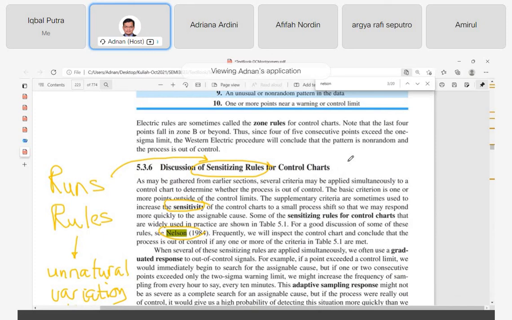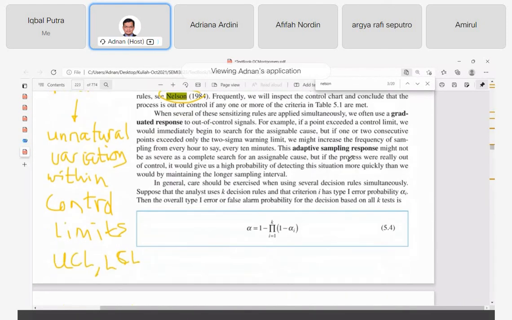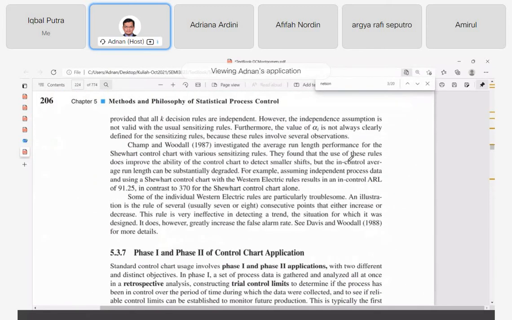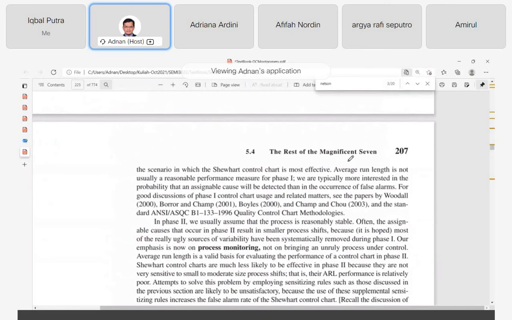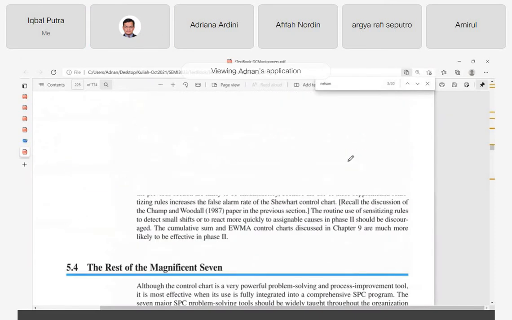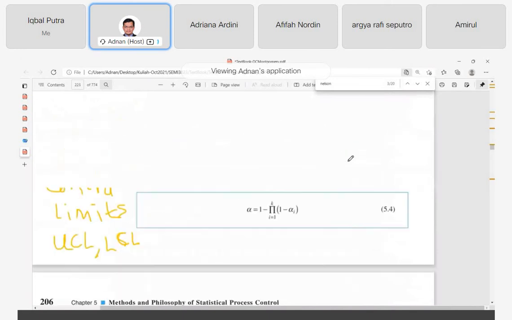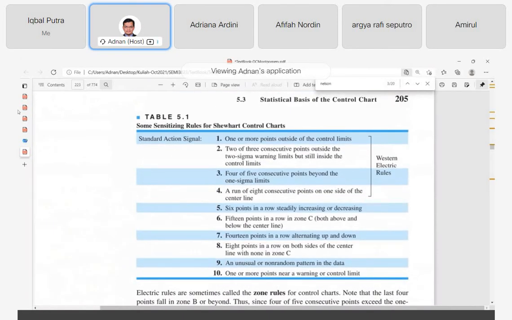There is also the Western Electric runs rule. I'm not sure why it's not here, but there is a rule here, synthesizing rules.